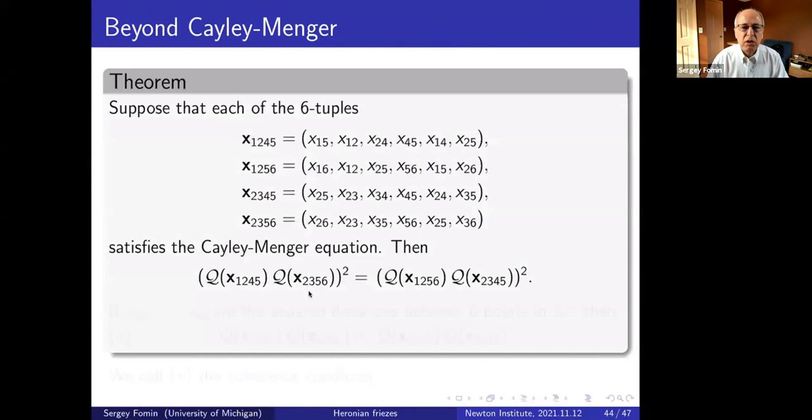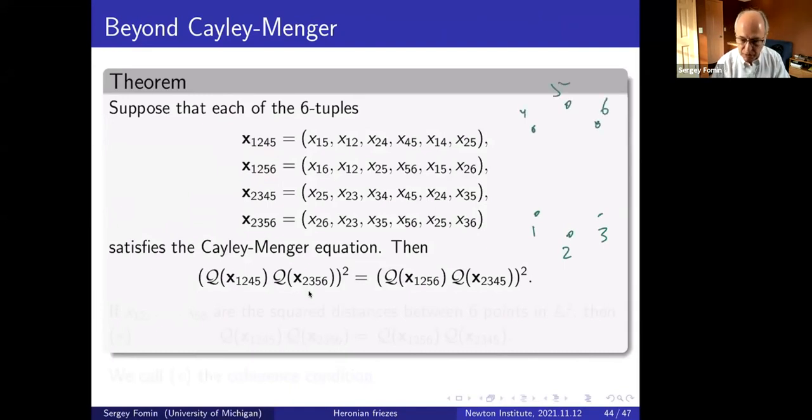All right. So it turns out that if you take 4 sextuples that are indexed by 1, 2, 4, 5, 1, 2, 5, 6, and so forth. So who are these guys? We take 1, 2, 3 here, and we take 4, 5, 6 here, right?